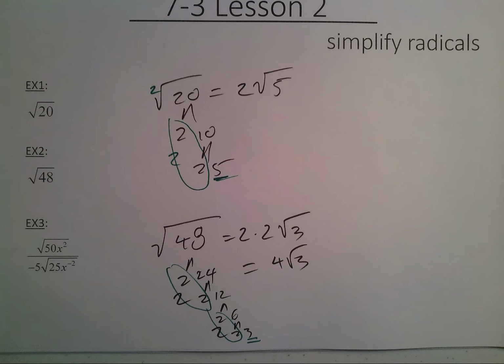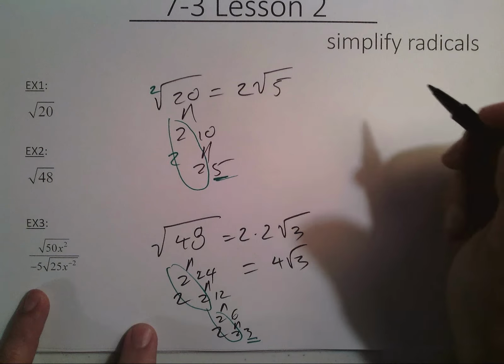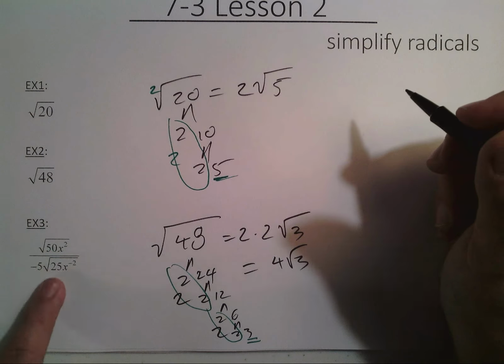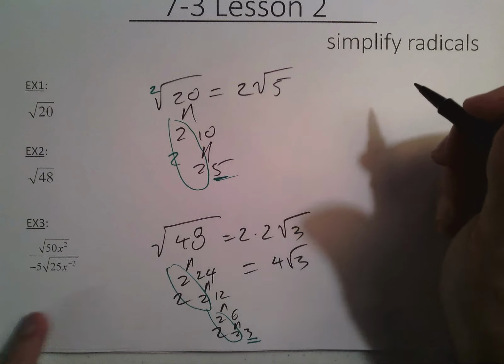Now, let's look at one that's a little more built up. So over here I have the square root of 50 times x squared, all divided by negative 5 times the square root of 25, x to the negative 2. So, first things first, I'm going to make one gigantic square root because I can do a little bit of division. I see that the 50 and the 25 cancel, the x squared and the x to the negative 2 have the same base.